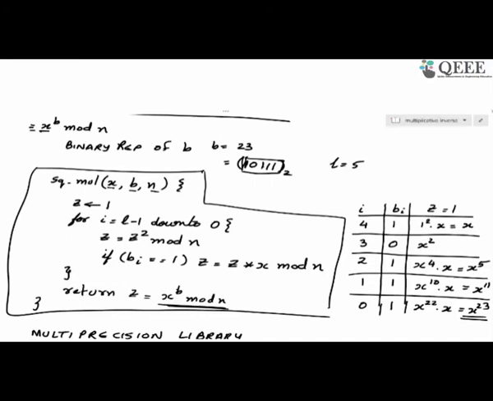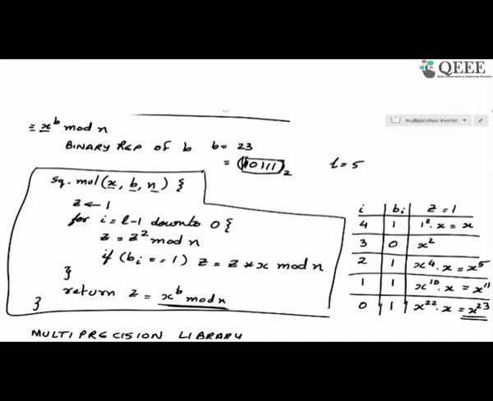The world record right now is breaking an RSA with a key size of roughly 750 bits, that is, the value of n is 750 bits.